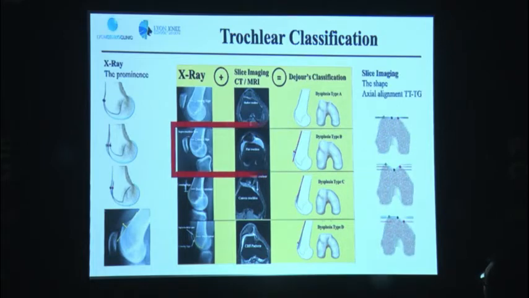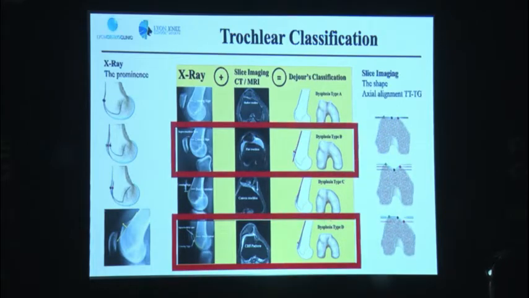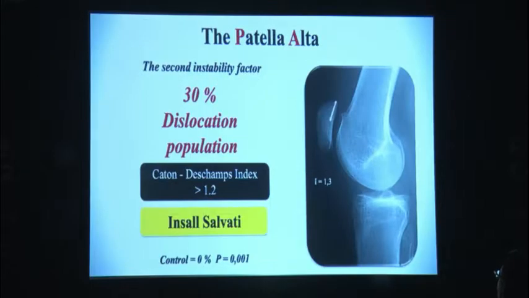The classification in 4 types, A, B, C, D, depends on the different signs that you can have. The 2 most dangerous trochlear dysplasias are type B and D, because in those you have this bump, the prominence. And the prominence, you will see that tomorrow, is something very, very dangerous for a patella, because it will push the patella on the lateral side.